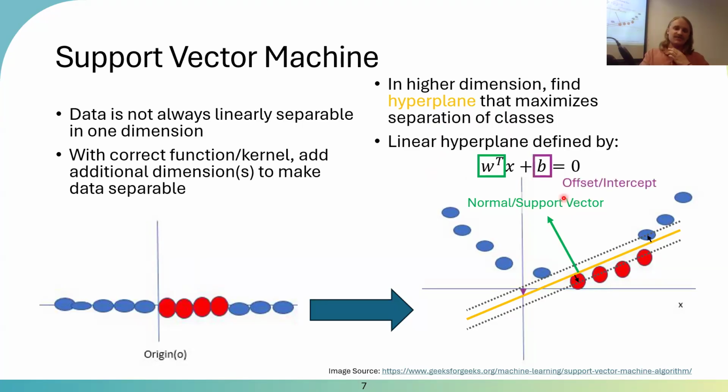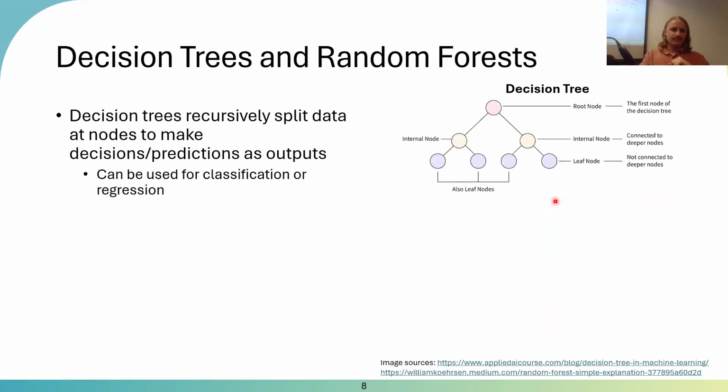And then we'll have an offset, which is simply this B, which tells us how much that plane is separated from the origin. So this can be a very powerful classification tool, but you do have to choose for yourself what that function is that you use in order to find this additional dimension.